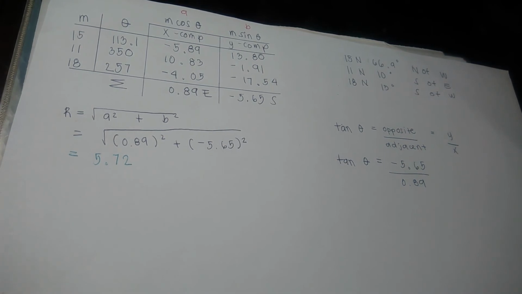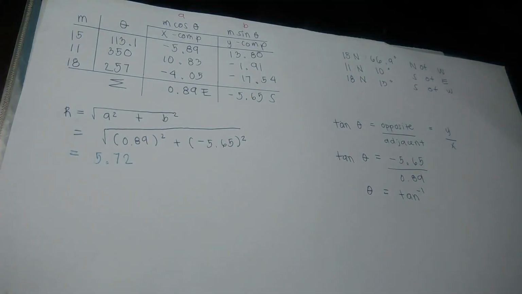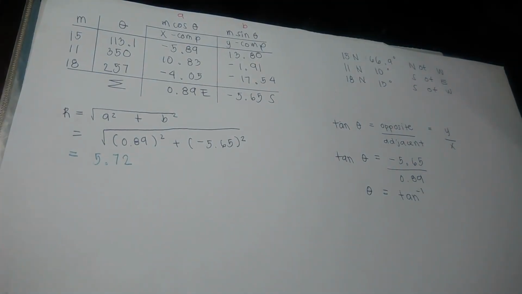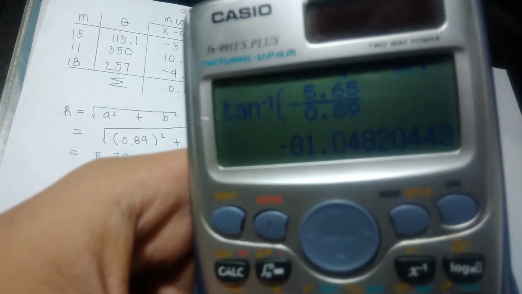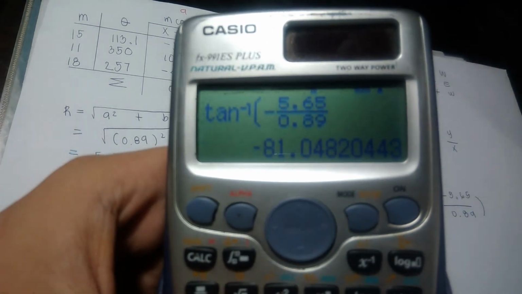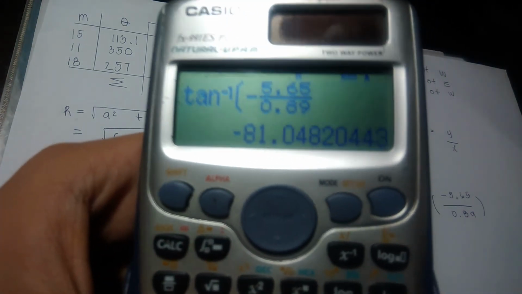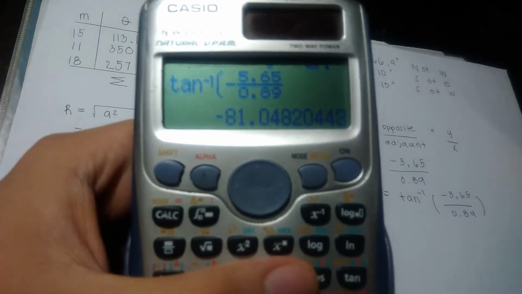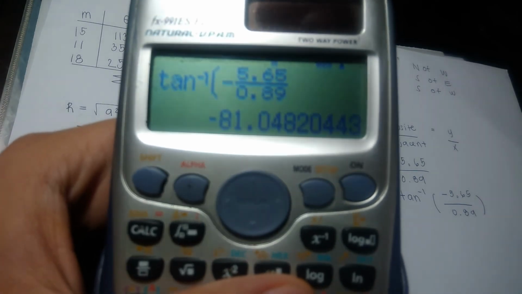But we must transpose the tangent so that the theta would be left, which will make it an arctangent of the opposite over the adjacent. So the answer is negative 81.05. But the value of the angle is absolute, because there's no negative angle, so it is 81.05.